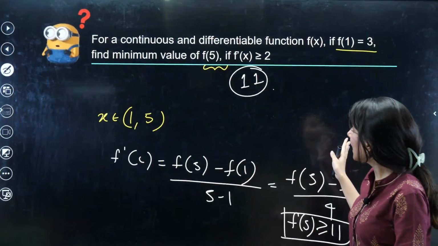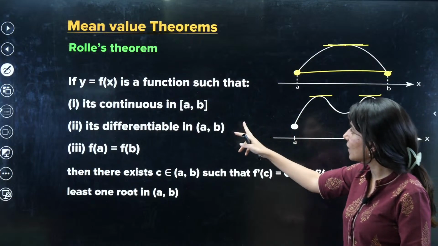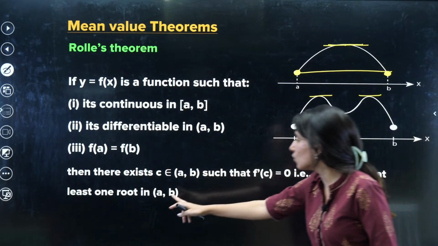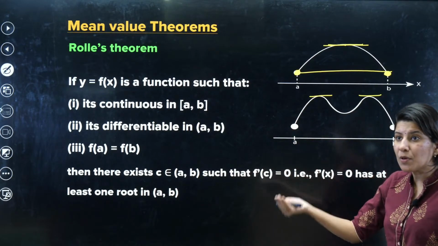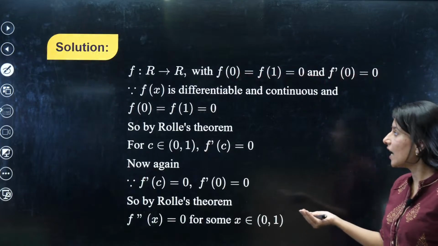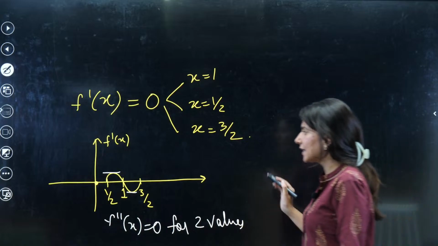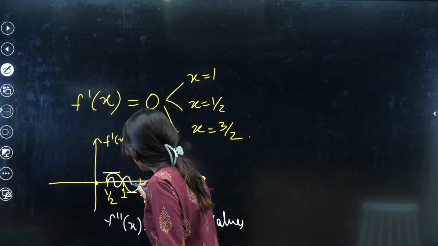Lagrange's and Rolle's also talk about at least 1. There exists at least 1 root in a, b, because there can be multiple. It may be possible. I hope the point is clear, because it can happen that the graph will look like this, right?